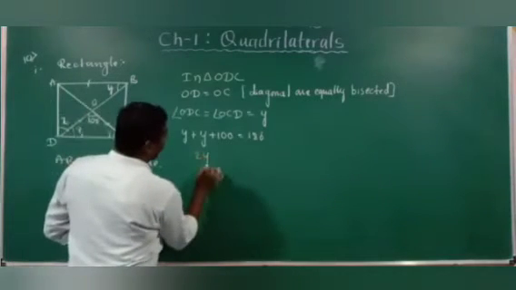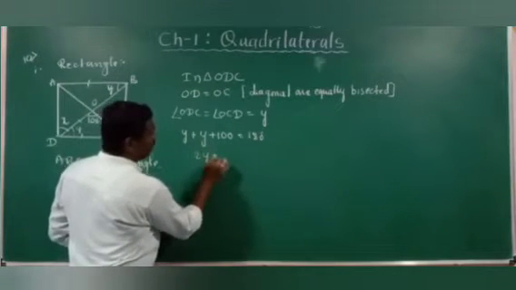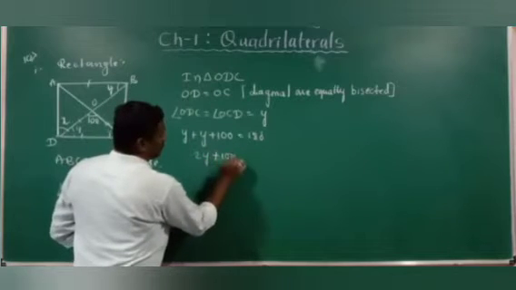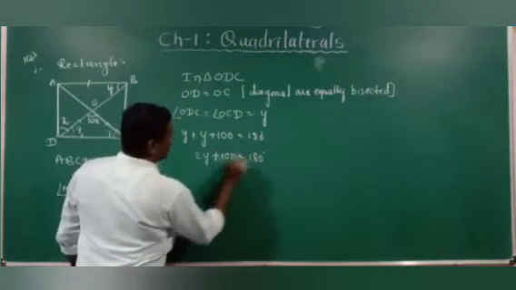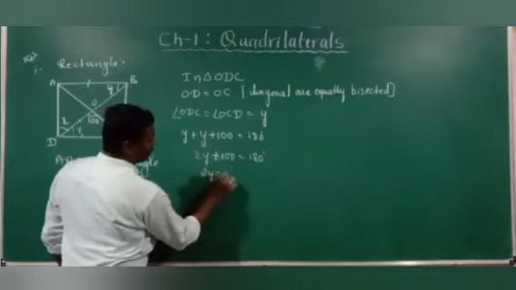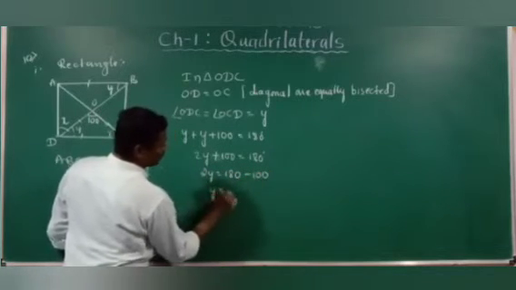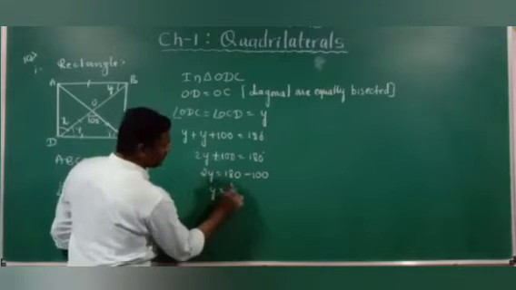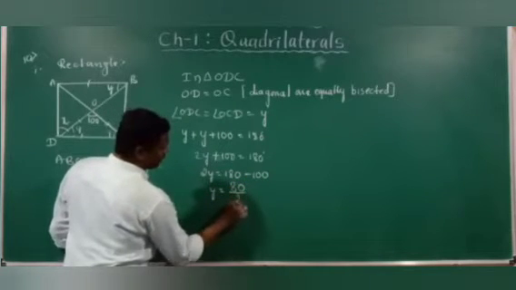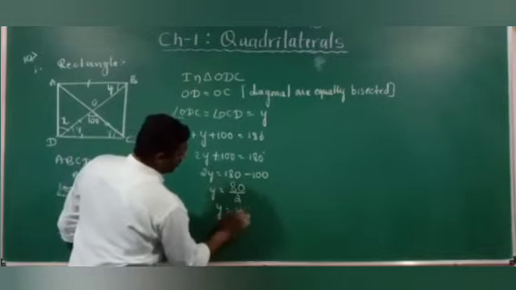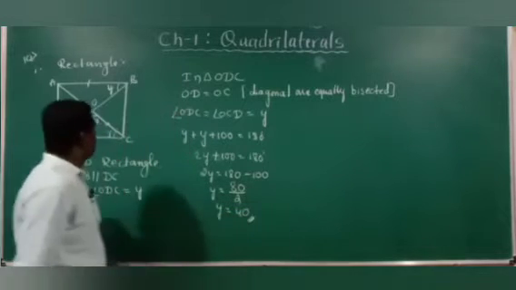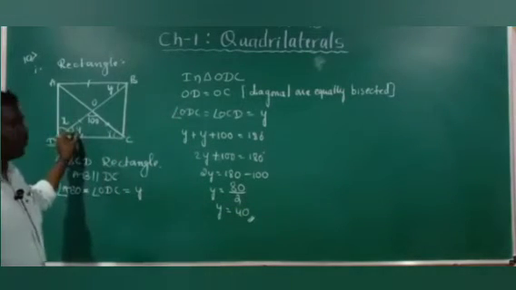So Y plus Y is 2Y, plus 100, equal to 180 degree. Now 2Y is equal to 180 minus 100, which is 80 degree, divided by 2. Now Y is equal to 40. So Y value is 40.